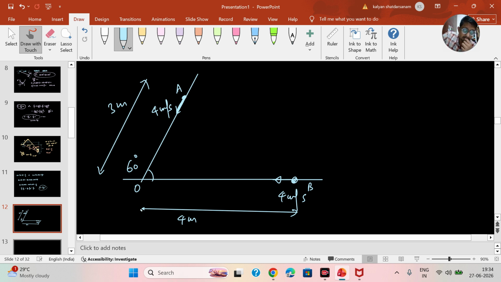So both are moving with the same speed, but A is nearer to O, B is farther from O. Question is, find the shortest distance between them during the course of their motion. Give it a try.